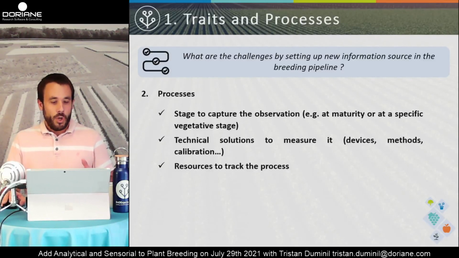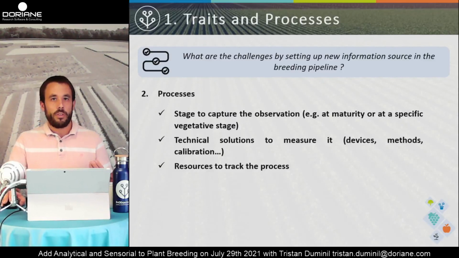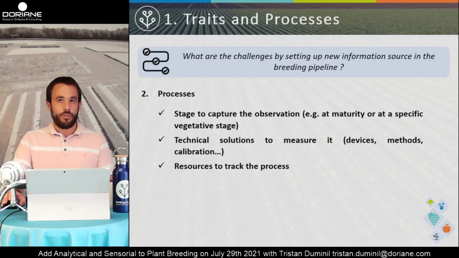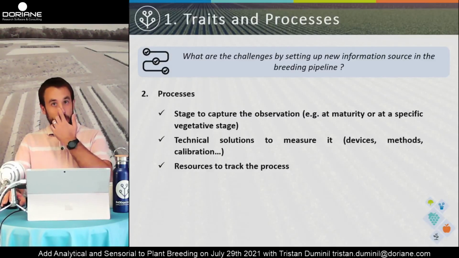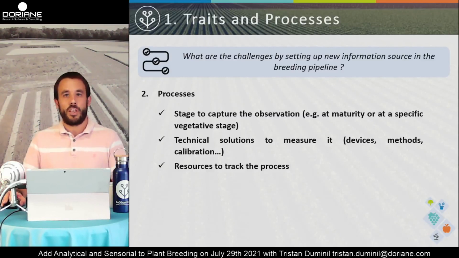So for example, for the very specific use case of vegetable soybean, the measurement of an anti-nutrient concentration is optimal at stage R6 to characterize the sucrose content of the seeds at maturity. So in this case, the R&D department should set up an organization to track the vegetative development and some digital tools to help by proposing a warning when the targeted stage is reached.